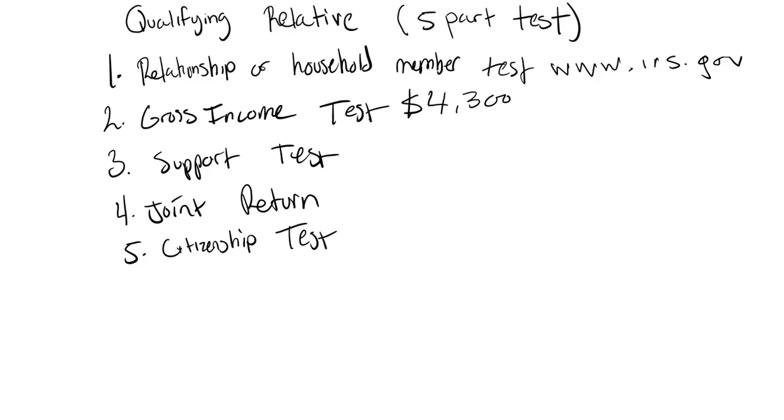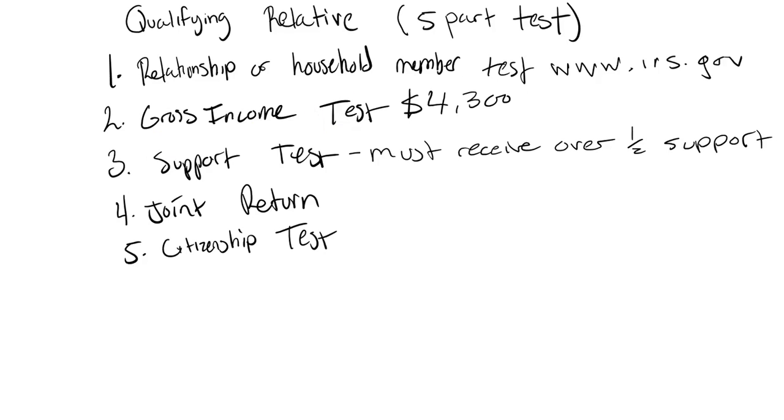So let's put here, must receive over half support. The book goes into a little bit better detail here, but this is the gist of the test.